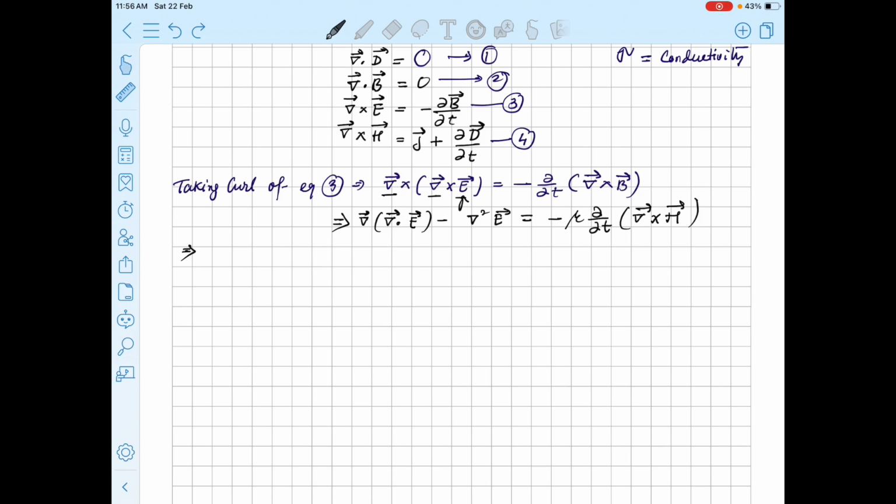If this is 0, then we can write minus del square E is equal to minus mu times del t, and instead of del cross H, we're going to put this, that is J plus del D by del t, right?